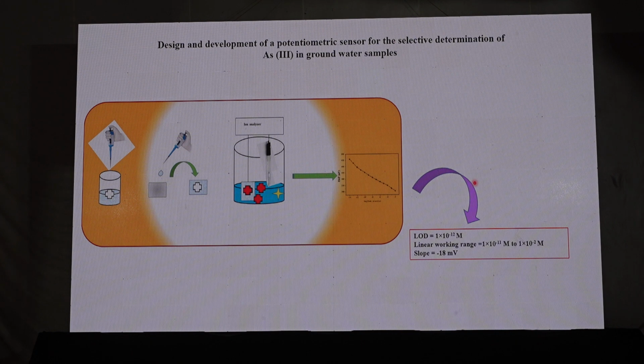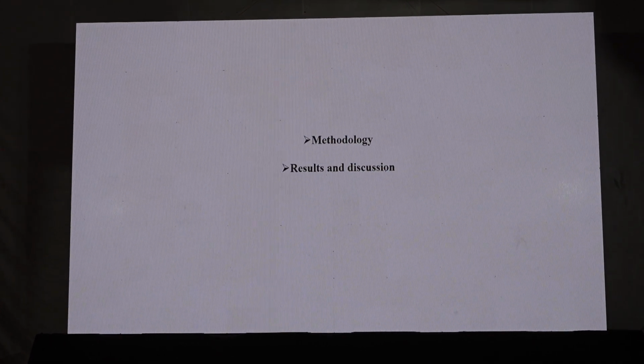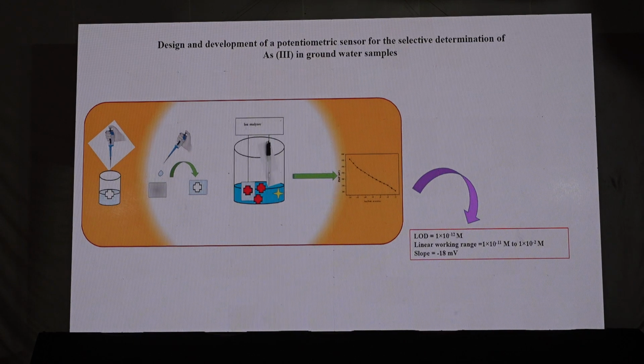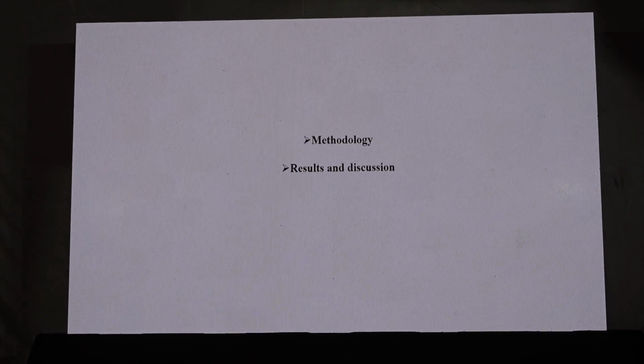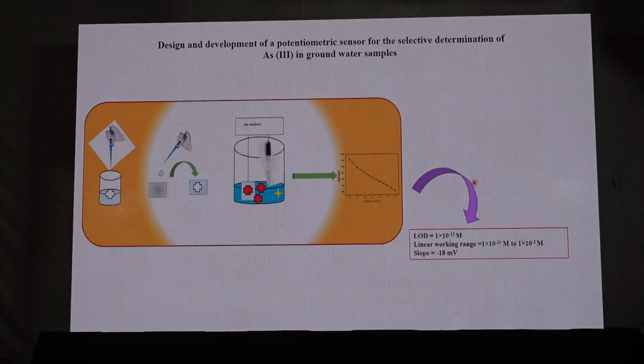The membrane was developed on the surface of the carbon core using an optimized membrane cocktail solution, and it is then coupled with a reference electrode using an ion analyzer to get the calibration plot.